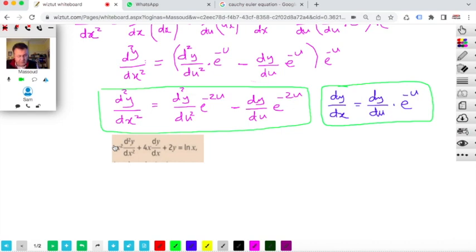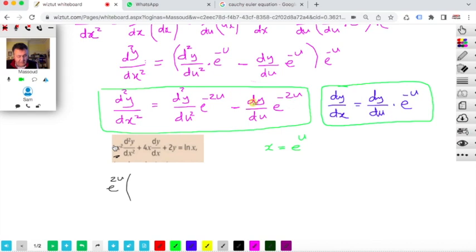So in the original we have x squared. We know that x was substituted with e to the power of u, so x squared is e to the power of 2u, and then we multiply it by the second differential, which is here.